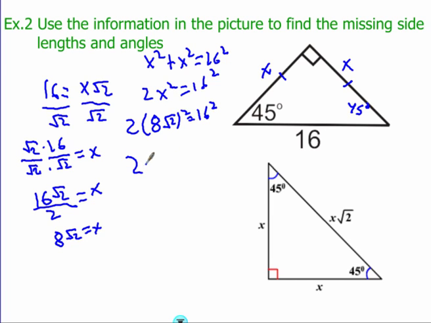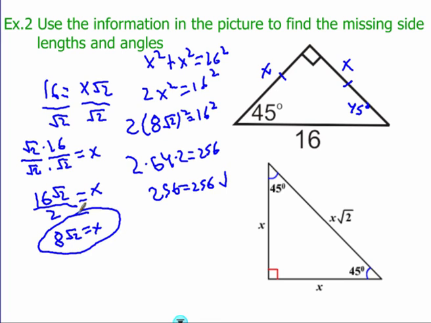We can just split this up: 8 squared is 64, square root of 2 squared is 2, and 16 squared is 256. If we do the multiplying on this side, we end up with 256 equals 256. So it does work. So our answer is simply 8 times the square root of 2.